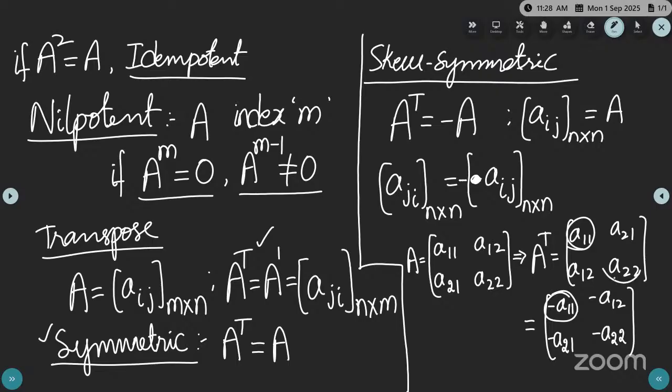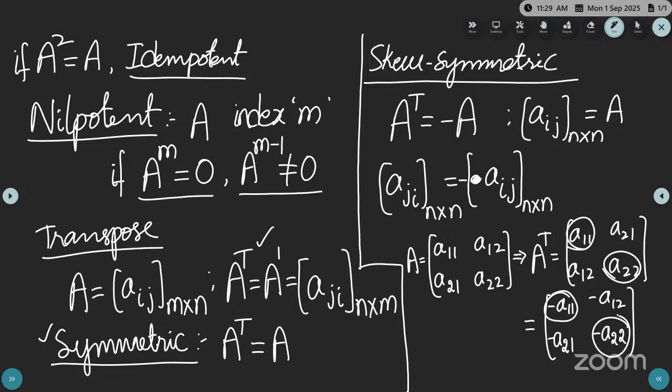And similarly A22 must be 0. The off-diagonal entries A12 and A21 are different and may be negatives of each other. If it is skew symmetric, the elements in the principal diagonal must be 0, particularly if it is a real skew symmetric matrix.